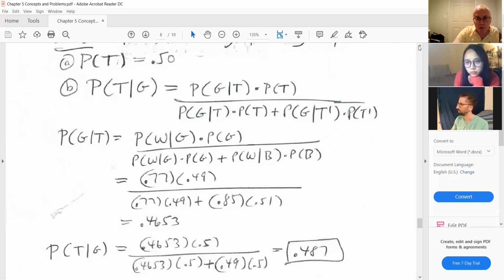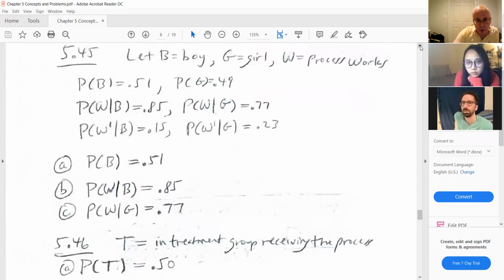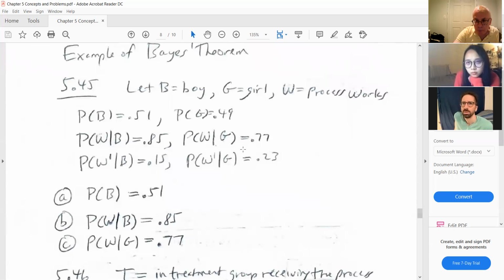Now, if we go with your version, then this is wrong up here, because you put 0.77 as the probability of G given being in the treatment group. Right, so probability of G given T. So going back to here, if you are correct, then this is backwards.